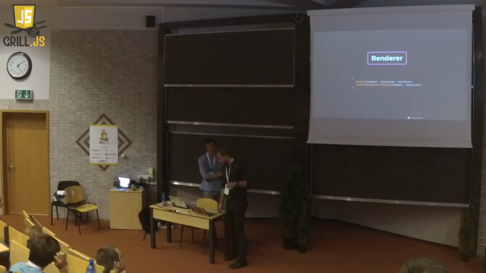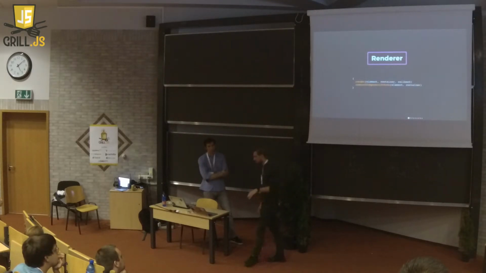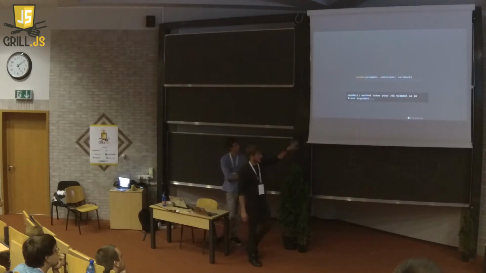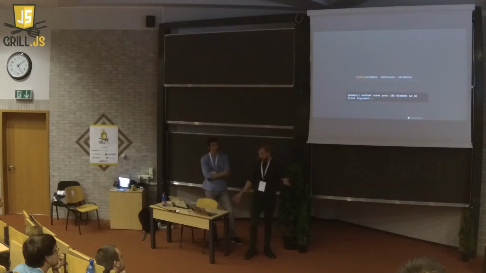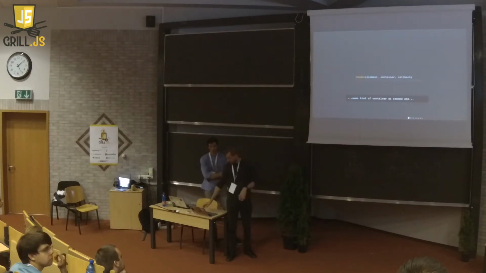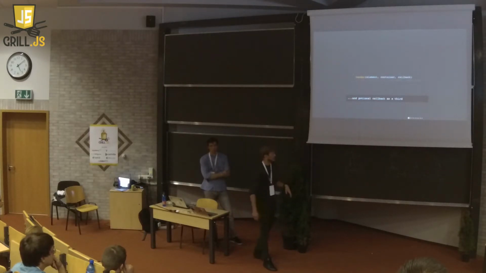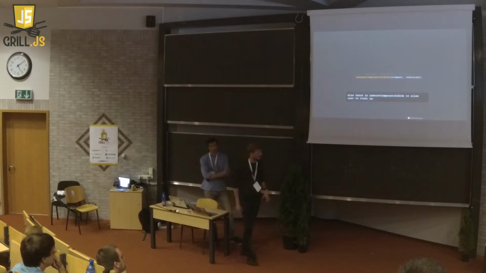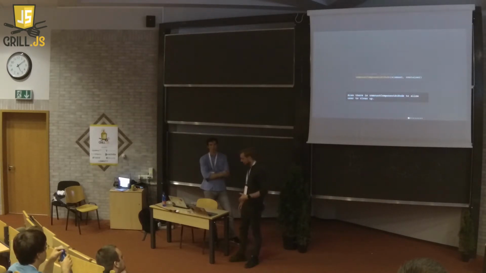The second one, unmount component at node, is not mandatory, but it's really important to have it. The render method itself takes your JSX element as the first argument, or the call over the React create element, the container as the second, which is also a React element, and the callback to be called after rendering is finished. But we have to remember this, unmount component at node is an important method to clean up after yourself.